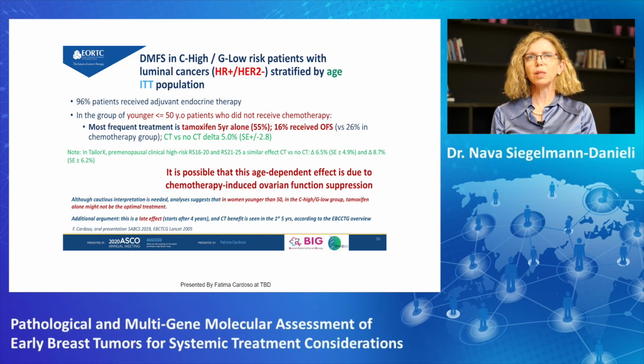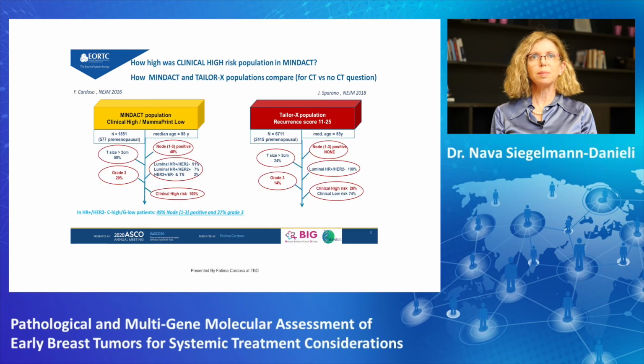And what they mention here is that the majority of younger patients that received endocrine therapy received tamoxifen alone, and only 16% of them received ovarian suppression. And they think that the benefit of chemotherapy may be related to the fact that it does suppress the ovarian function. But this is a hypothesis.